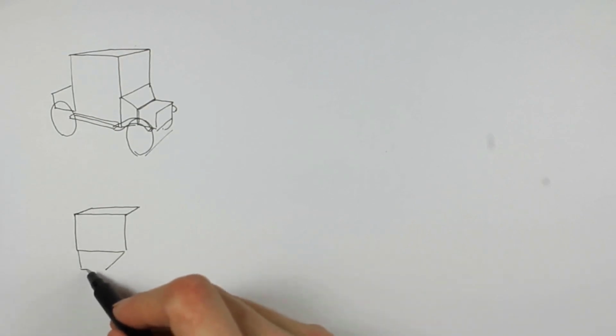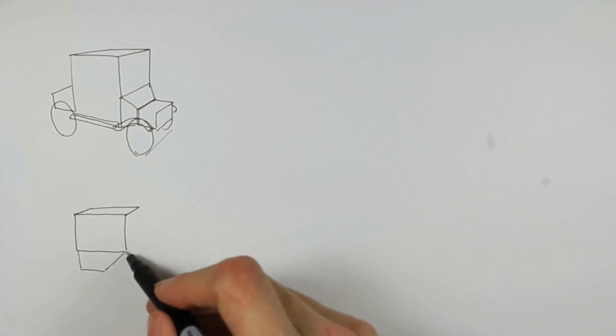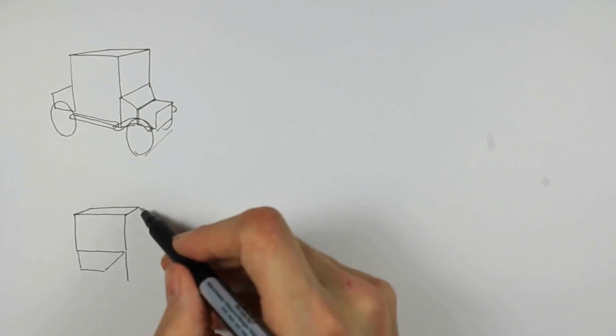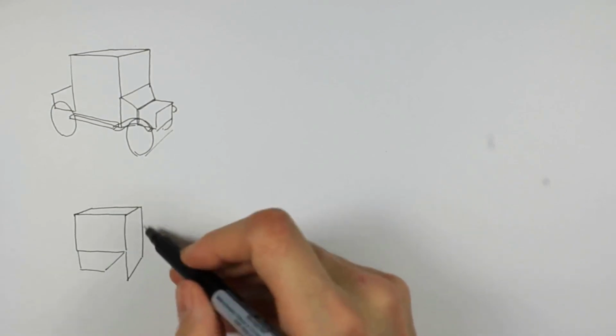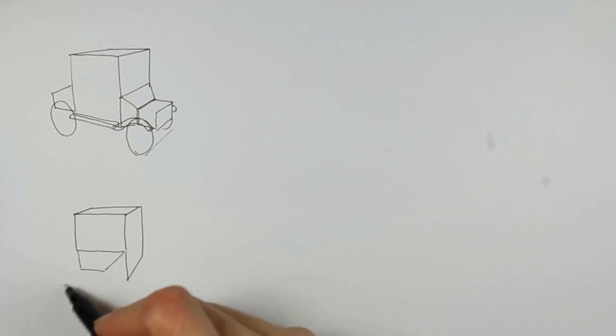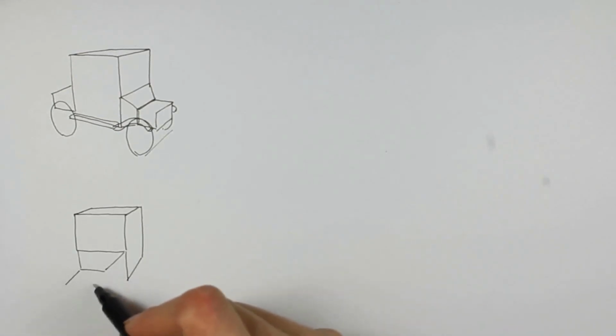Keep in mind that as the car turns towards us, we're going to see more and more of the front and less of the side. Again, just trying to keep those angles consistent. Make sure all the lines heading back to each vanishing point are parallel.